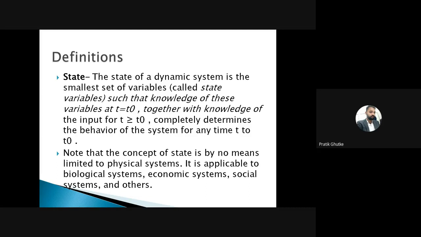The state of a dynamic system is the smallest set of variables called state variables, such that the knowledge of these variables at t equals t0, together with the knowledge of the input for t greater than or equal to t0, completely determines the behavior of the system for any time t greater than t0. This is the definition of state.